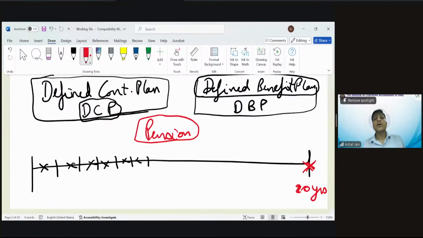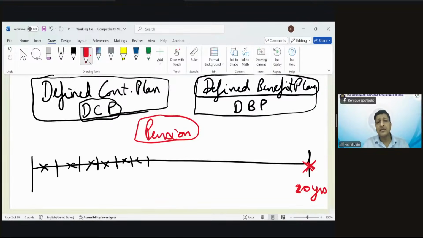So what will the employer do? Employer will have to create a provision. Yes, employer will have to record a liability. When the employer records this amount, you can say it's a sort of reserve, a fund which the employer will create each year.